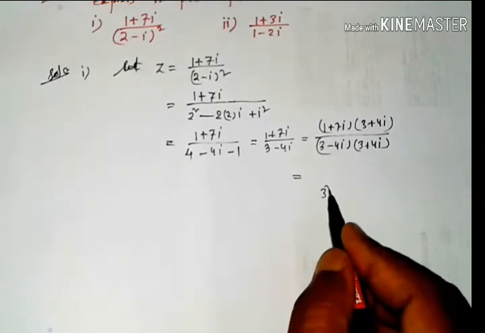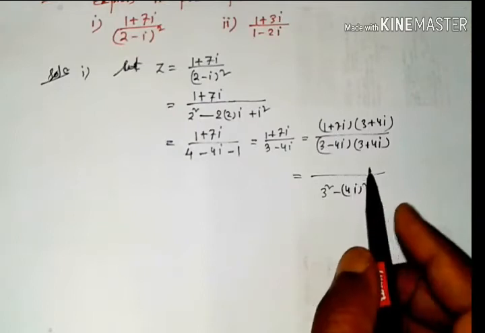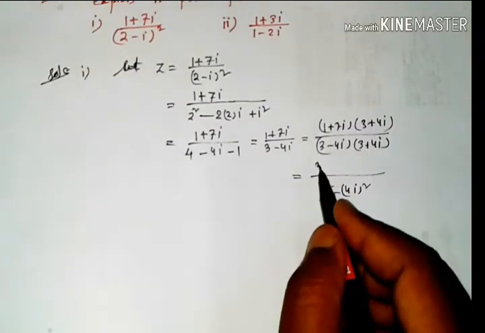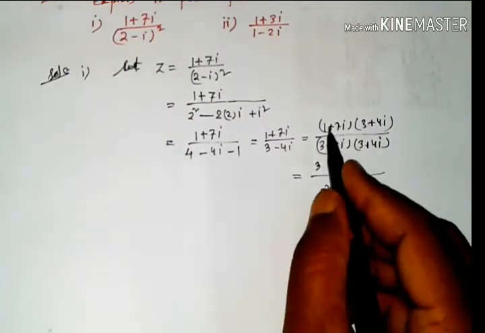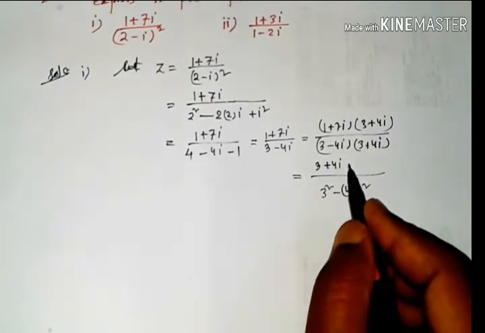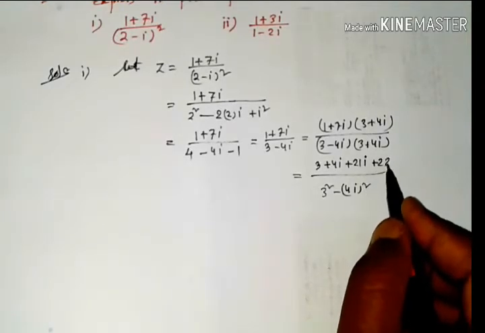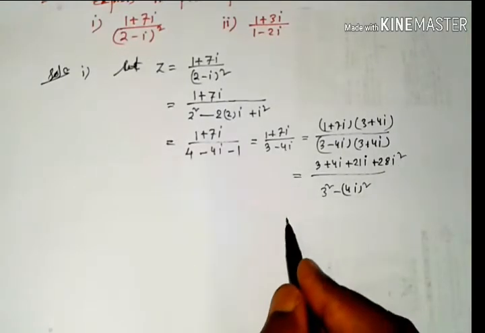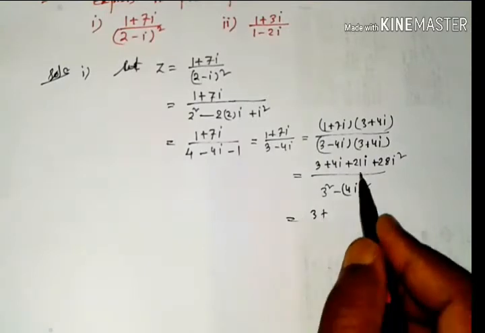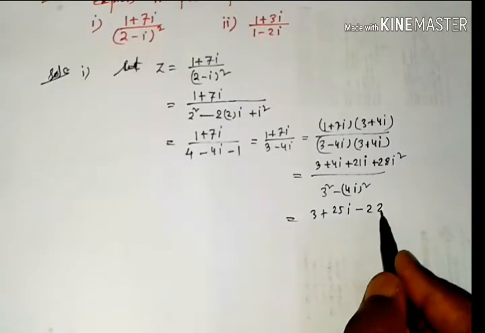This is 3 square minus 4i square, the a square minus b square formula. Here 1 into 3, that is 3. 1 into 4i, 4i. 7i into 3, 21i. 7i into 4i, 28i square. That is 3 plus 25i.